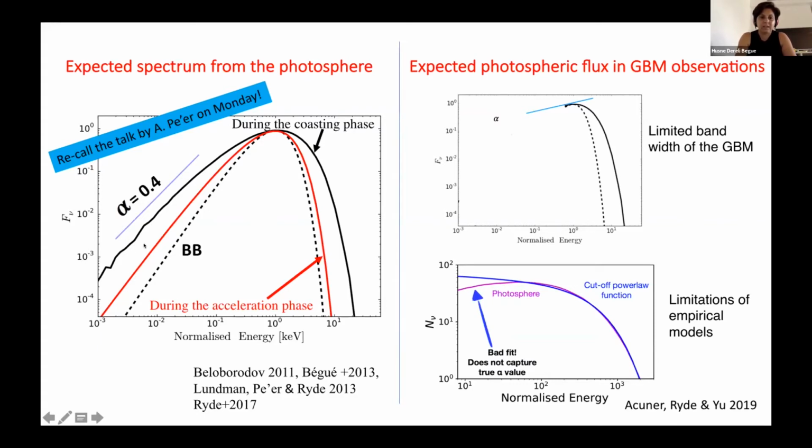Here you see the red one, the photospheric emission from the acceleration phase, and here the black line is the photospheric emission in the coasting phase. There is also an estimate of the low-energy spectral index by Beloborodov, who estimates that this spectral index should be around 0.4.